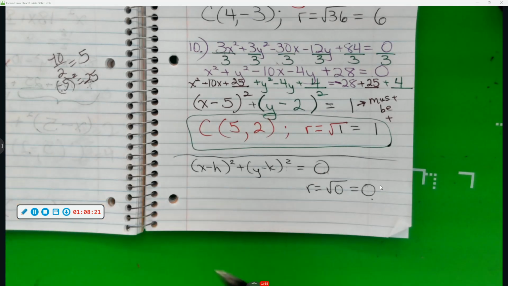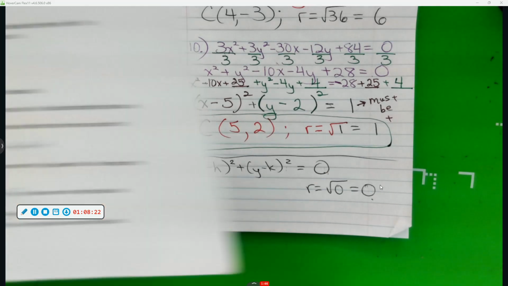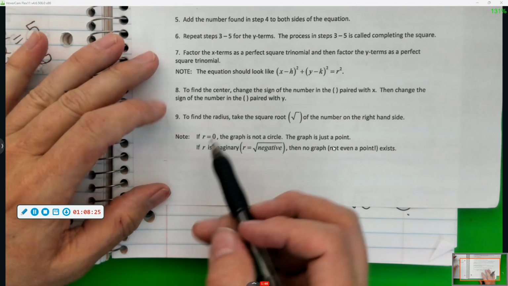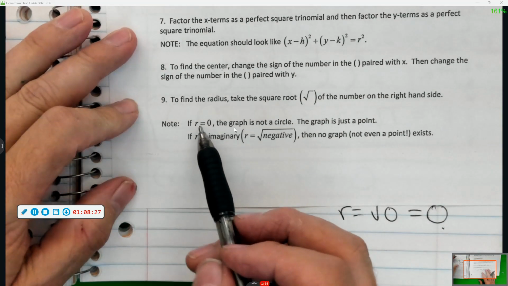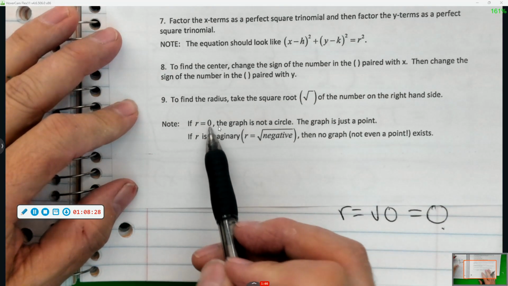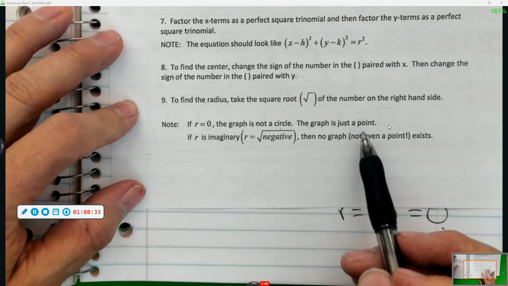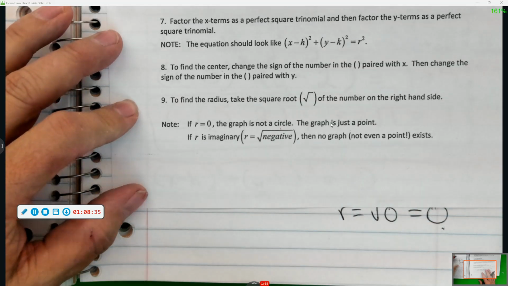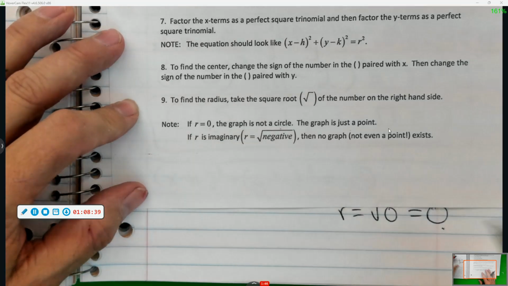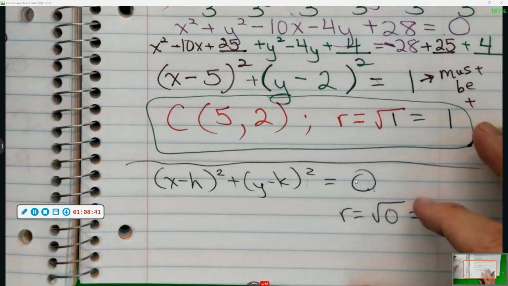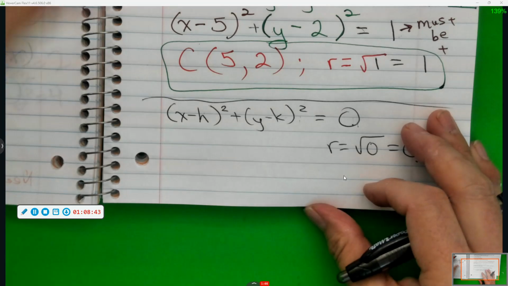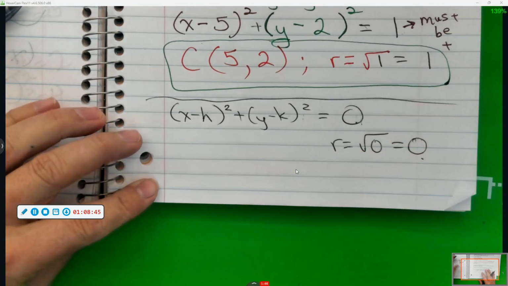Your graph has only the center point. Look at this note down here at the bottom of this paper. If r equals 0, the graph is not a circle. The graph is just the center point. You plot the center, but you can't move up, down, left, or right. So you just plot a point. Plot the point, and that's all.